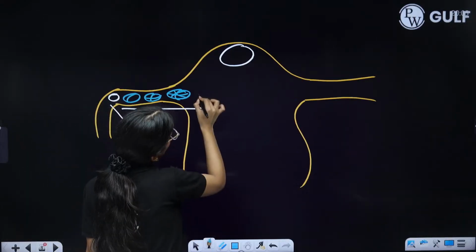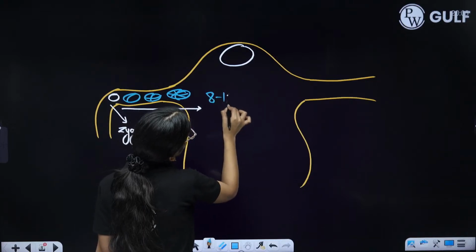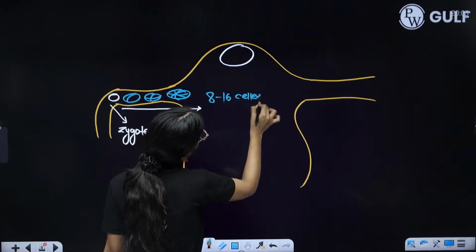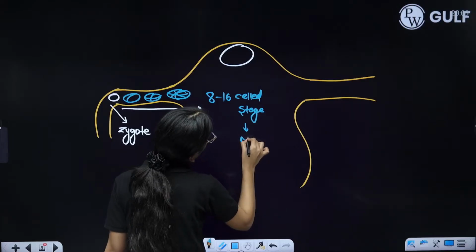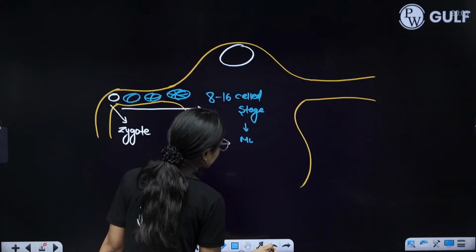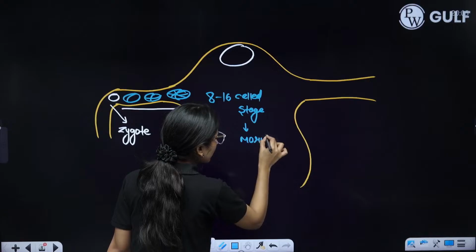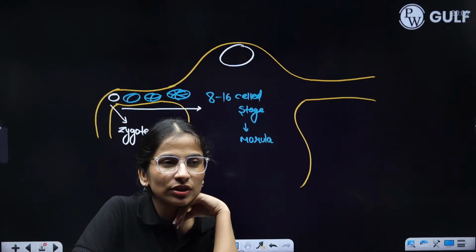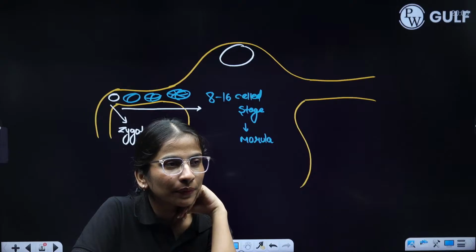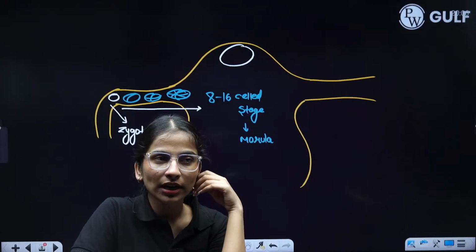By the time it reaches the uterus, it is already at the 8 to 16 celled stage, which is termed as morula. Everyone knows about morula? Any idea about morula? Yes, ma'am.